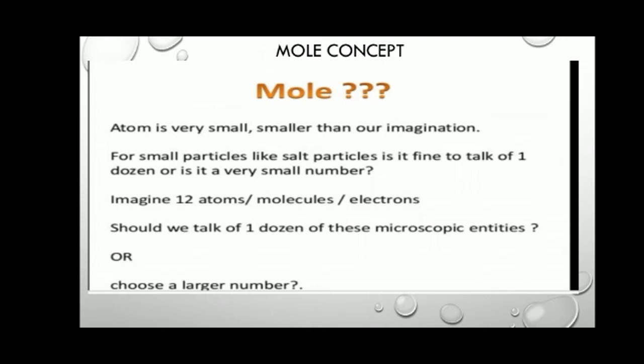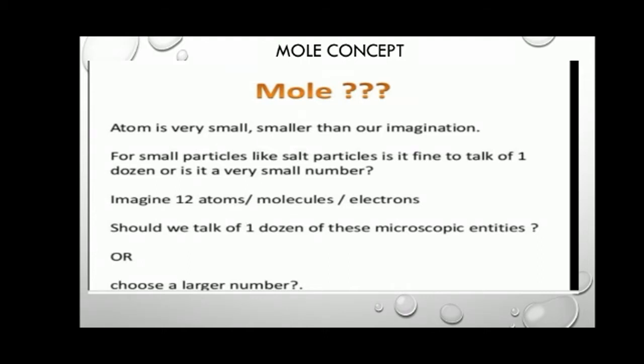Atom is very small, smaller than our imagination. For small particles like salt particles that you can see at home, it is fine to talk of 1 dozen, or is it a very small number? Can you collect 1 dozen of salt particles?